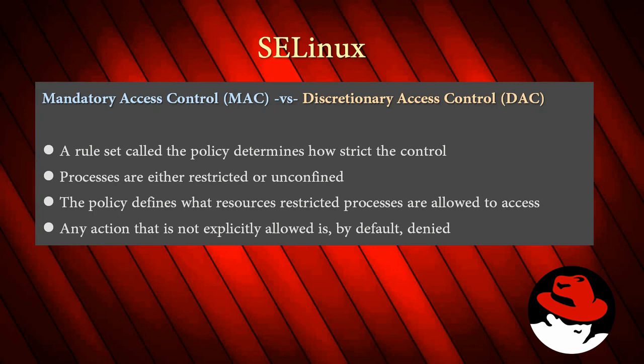Ideally, different policies could be implemented depending upon how strict the security needs are. Then there was the concept of type enforcement versus DAC, which is discretionary access control. A rule set called the policy determines how strict the control is.